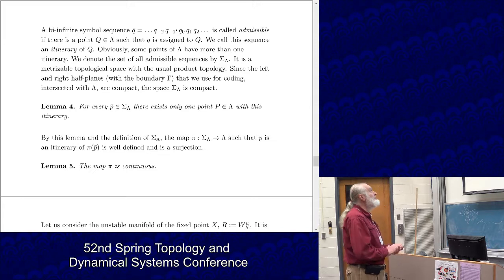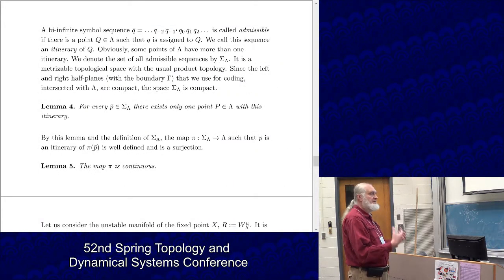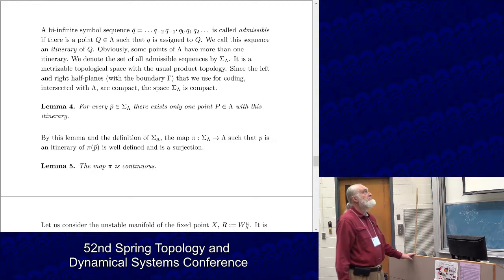And then you do the usual things that you do when you work with kneading theory. So you look at which sequences you get. So the sequence is admissible if its code corresponds to some point of your attractor lambda. And then you have the symbolic system with two symbols, plus and minus.